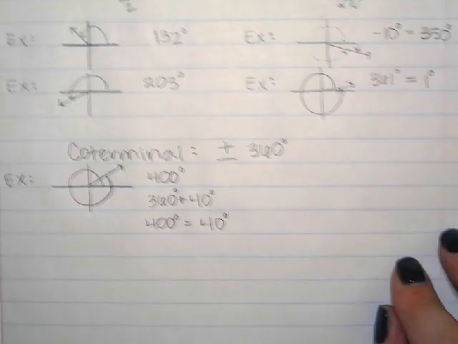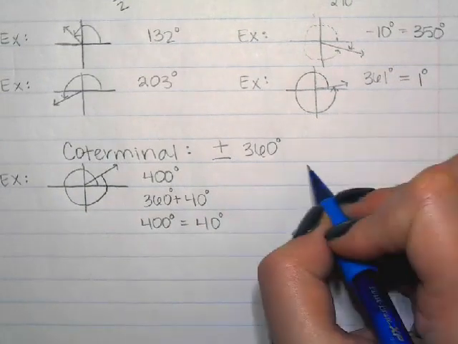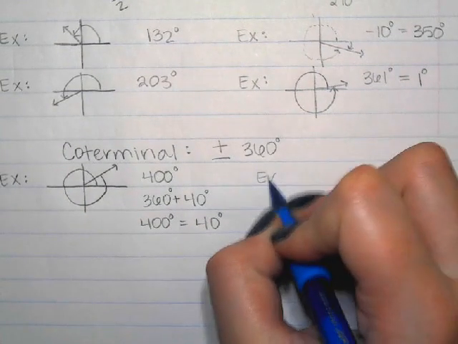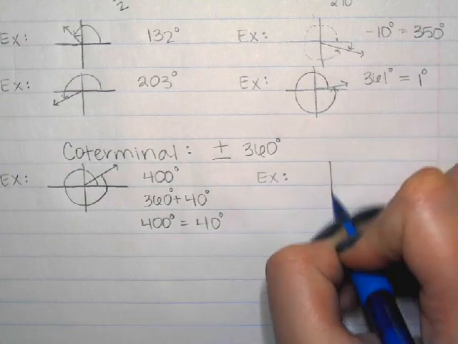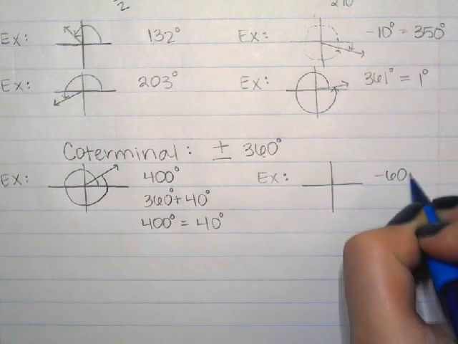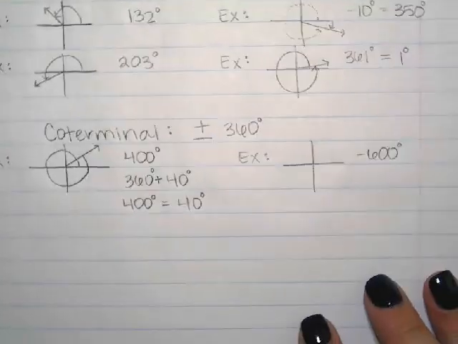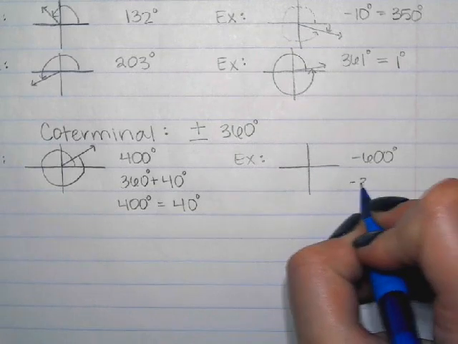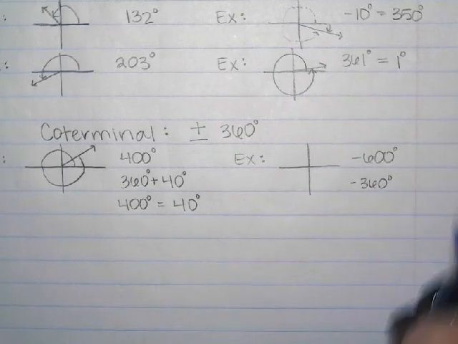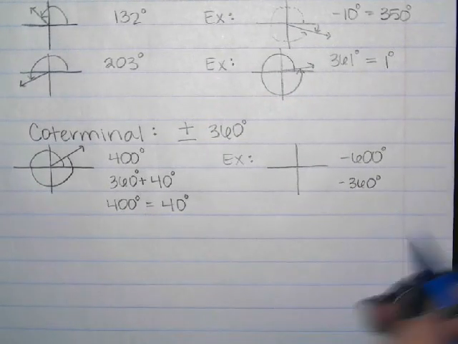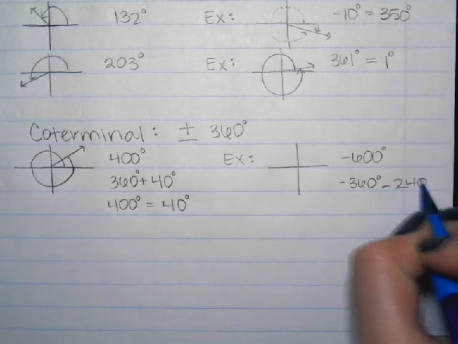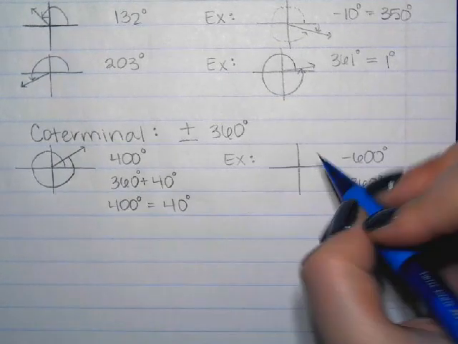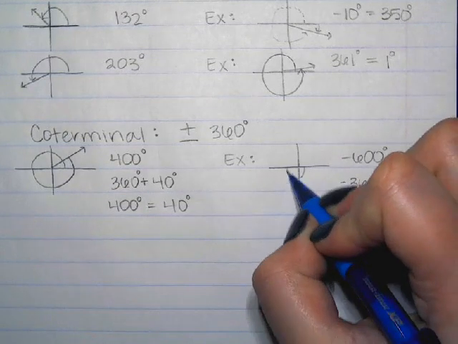Okay. What if I do negative 600 degrees? We're going backwards. So we're going to do negative 360, and then how much more are we going to do negative? Negative 240. Okay. So if we go backwards, we're going to go backwards a full circle.